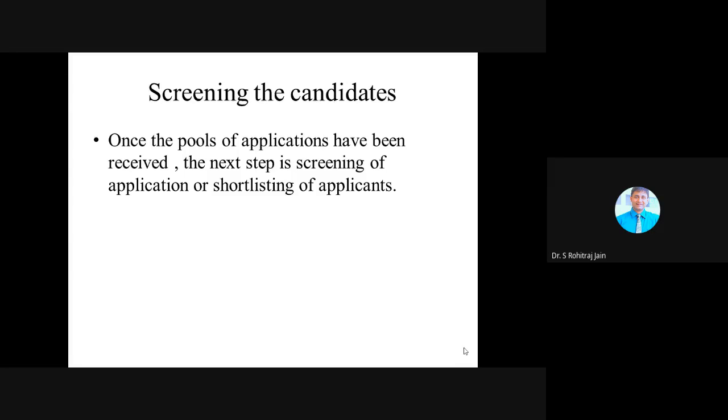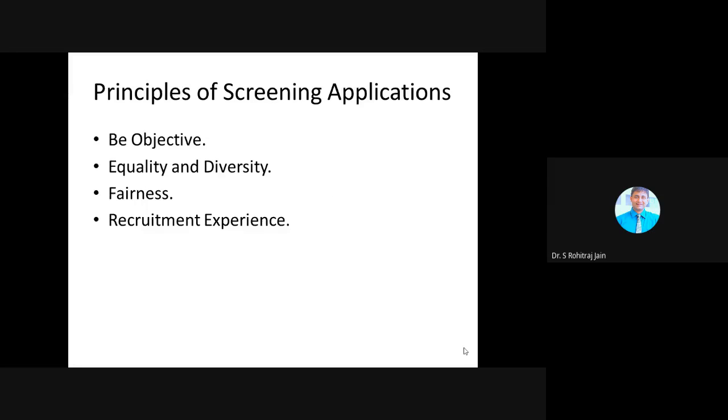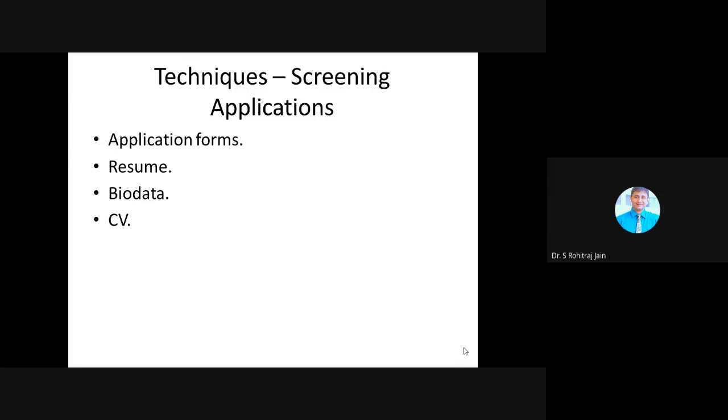It involves objectively assessing each application against the essential and desirable criteria set out in the person specification. Then the principles of screening applications. The four principles we discussed in the earlier class were be objective, equality and diversity, fairness, and recruitment experience. We had stopped here, right?